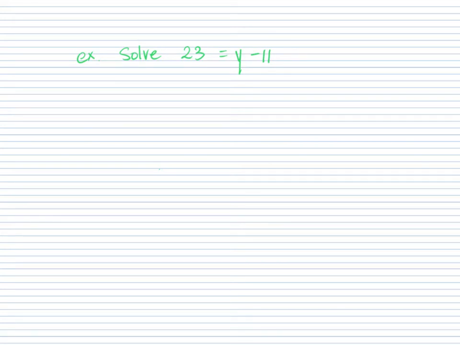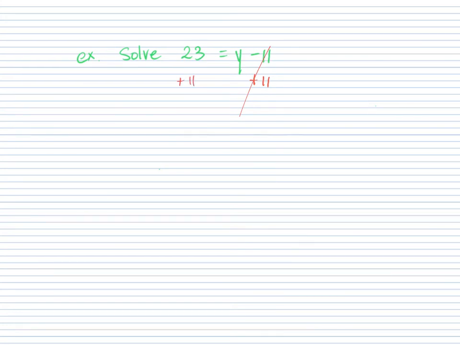And we do that by using the inverse operation. So the inverse operation here is adding 11. That will get rid of that. But again, we can't just add 11 all willy-nilly to one side and then not to the other side. So we have to go ahead and add 11 to the other side as well.